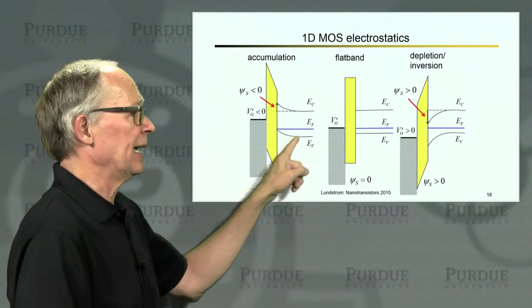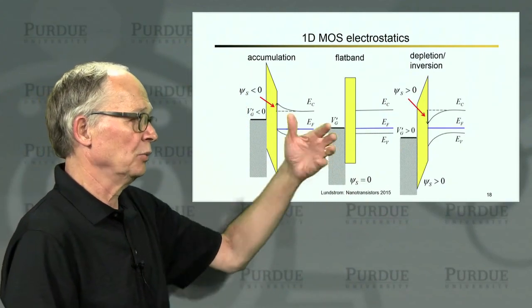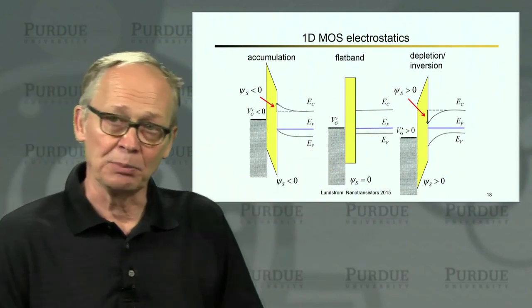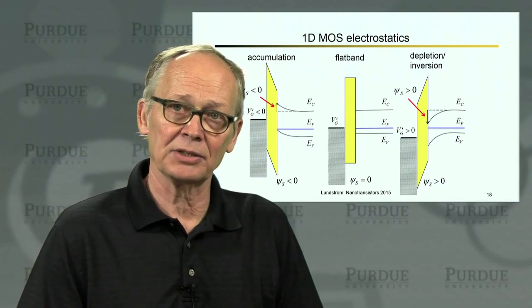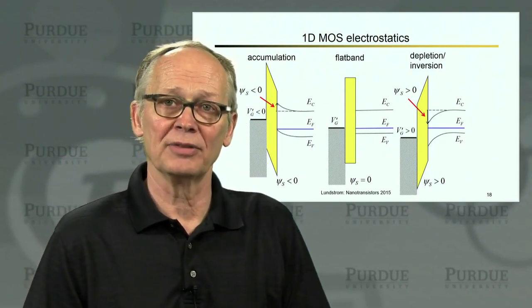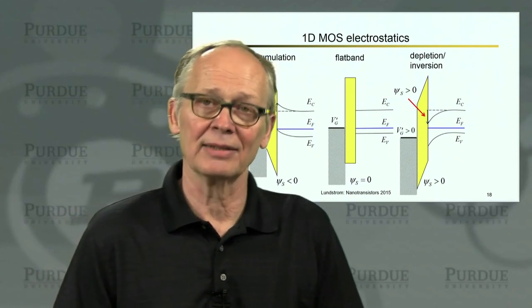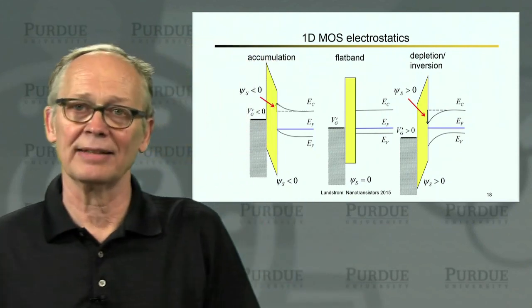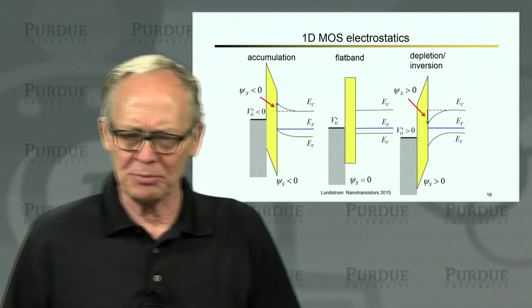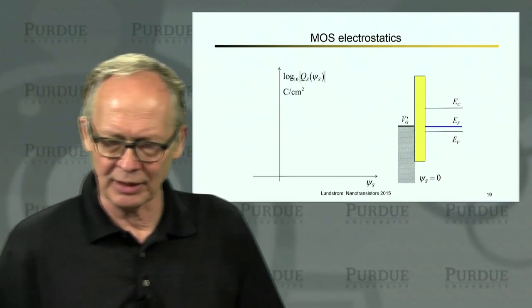When we apply a positive voltage to the gate, we bend the bands down. We have a positive surface potential. We deplete the semiconductor of majority carrier holes. But if our voltage is large enough, we also invert the semiconductor and make the surface N-type if the bulk was P-type. So those are the energy band views of what band bending looks like.